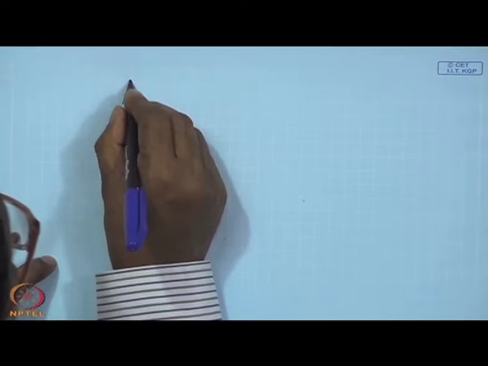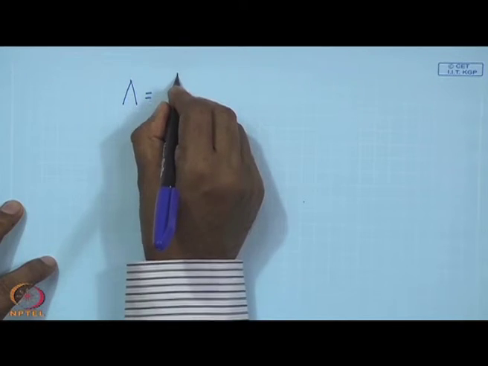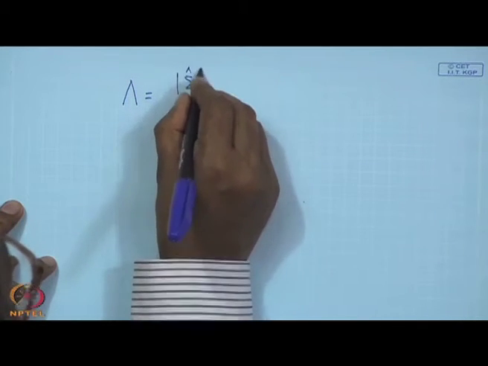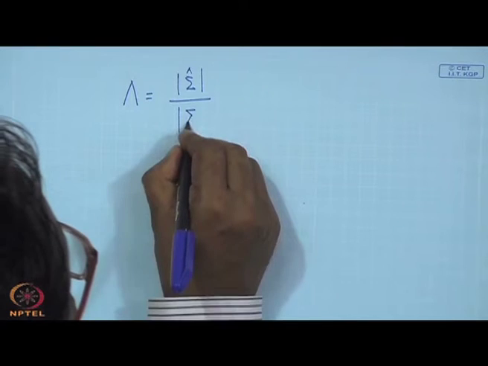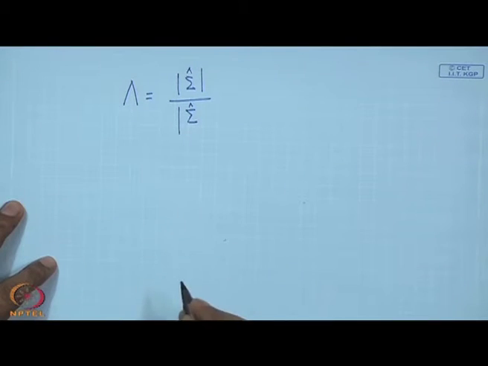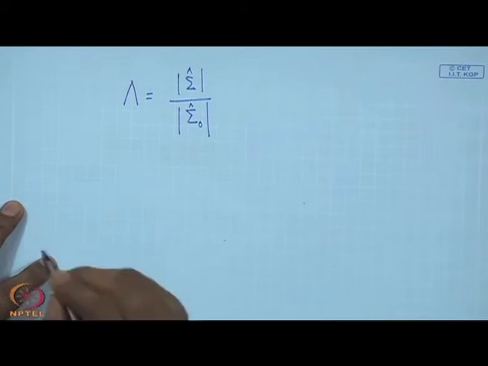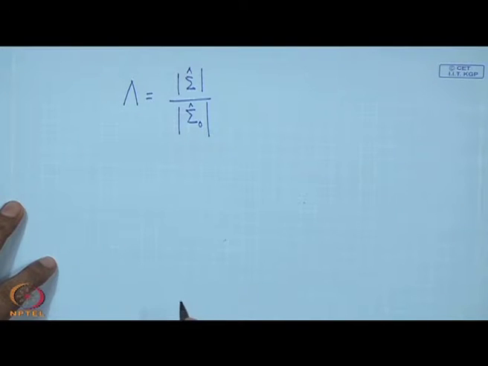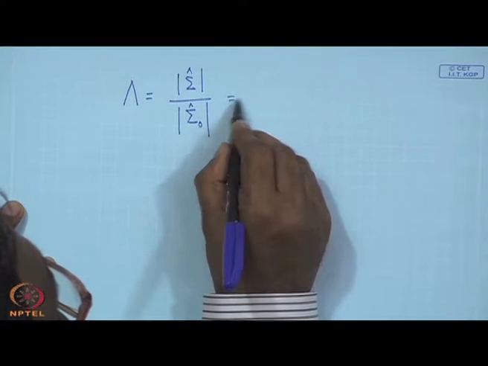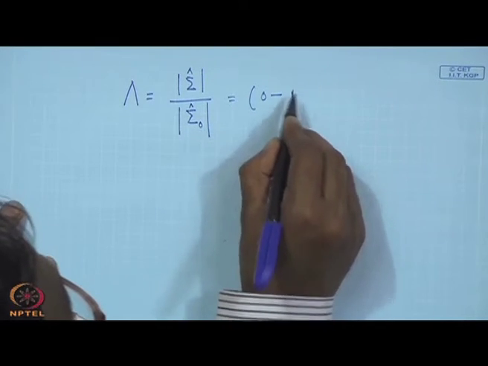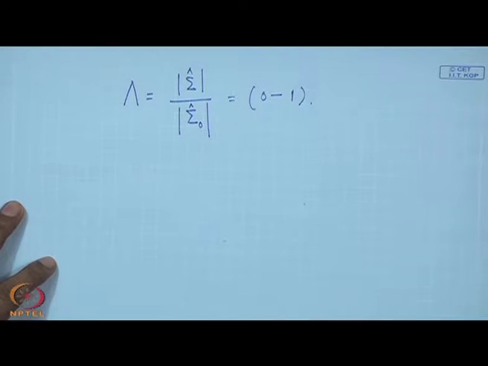So, now if we create a ratio, which is the determinant of the full model SSCPE vis-a-vis the reduced model SSCPE, getting me? This ratio will stay between 0 and 1.